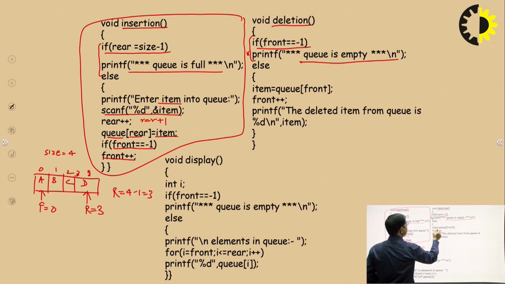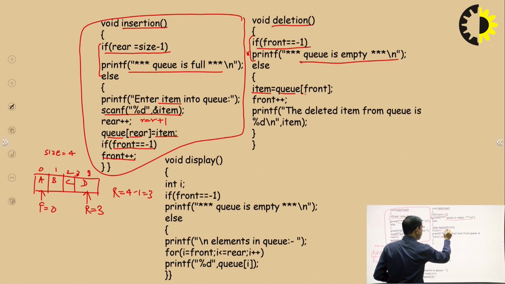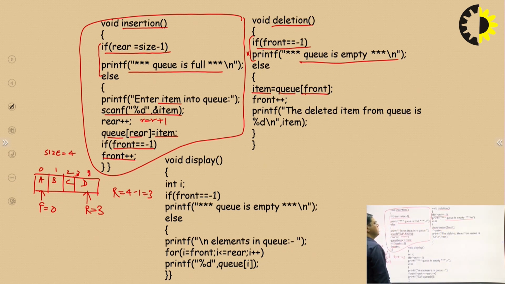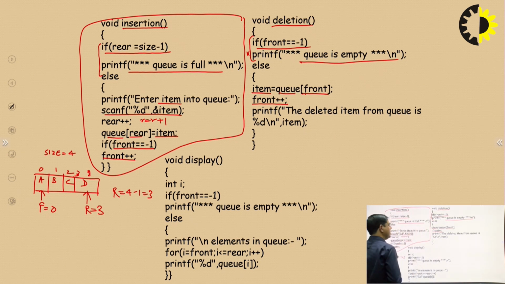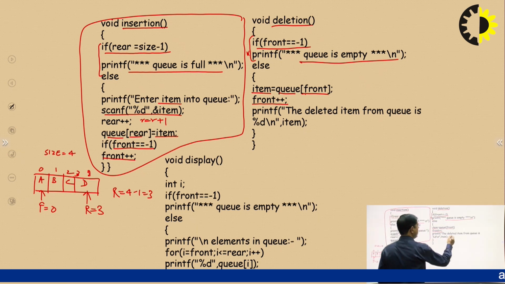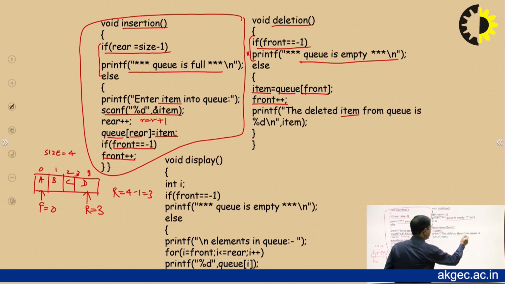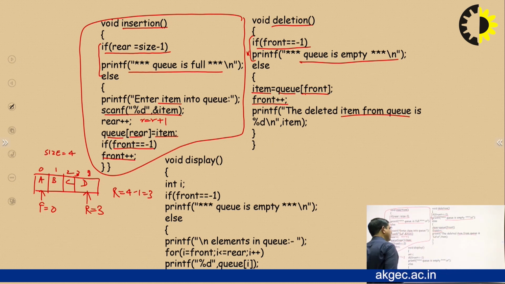That is, first of all, we will delete an element. For example, we are calling that element an item, and we are deleting from the queue, and deletion always will be done from the front. And after deletion, as we have discussed in the algorithm, the value of front will be incremented by 1. And this is simply the message, that is deleted item from the queue is, and the value will be printed, whatever value we have deleted.